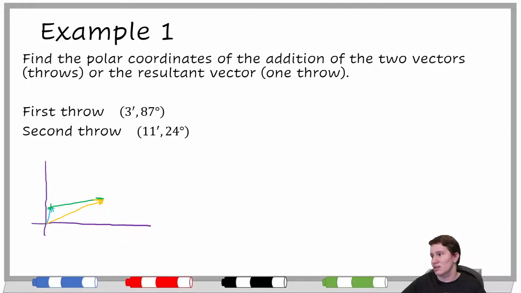So 3 cosine 87. Make sure you're in degree mode. I'm grabbing Desmos on my other monitor, so I need to change to degree mode. If you're on your TI calculator, remember that it says up at the top radian or degree. The way to tell that you need to be in degree mode is the degree symbol on 87.